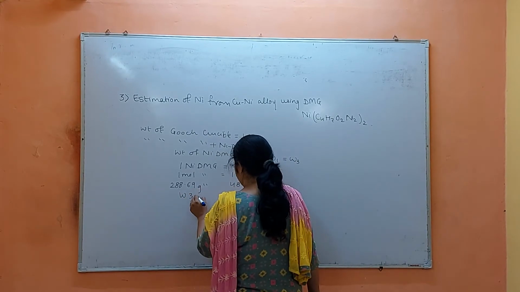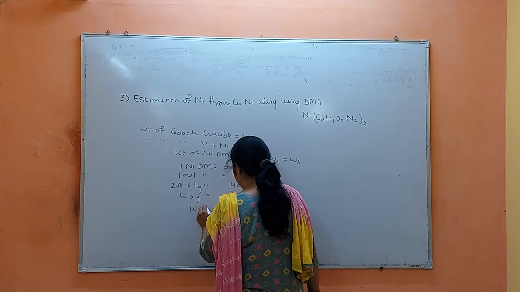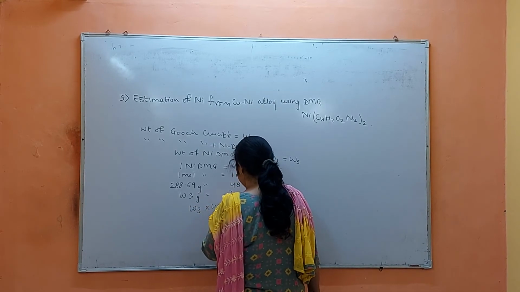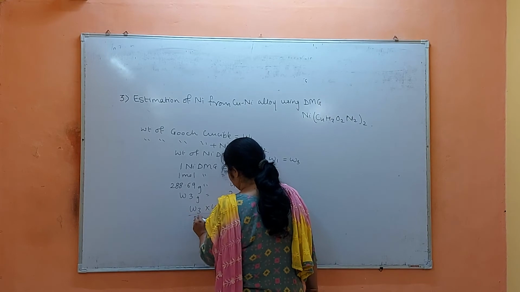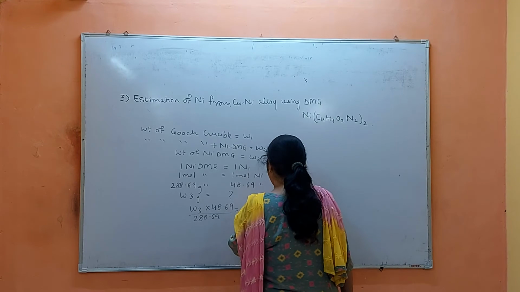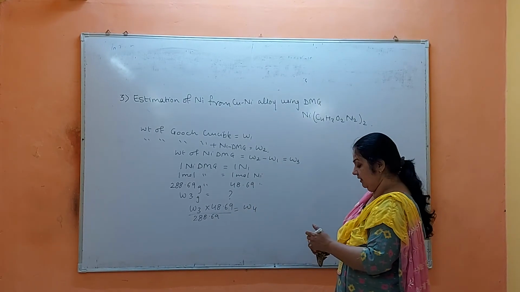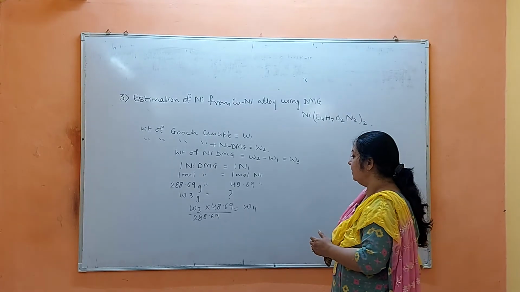So W3 grams of it will be equal to how much? W3 into 58.69 divided by 288.69, we get W4. This is the weight of nickel in the nickel DMG complex.